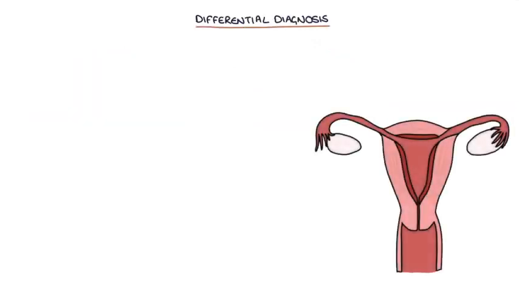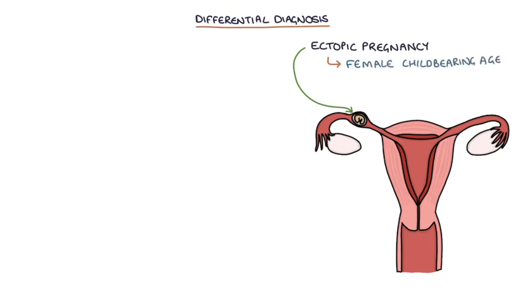Let's talk about the key differential diagnoses of appendicitis. Firstly, ectopic pregnancy. Consider ectopic pregnancy in females of childbearing age. This is a gynecological emergency with a relatively high mortality if it's mismanaged.